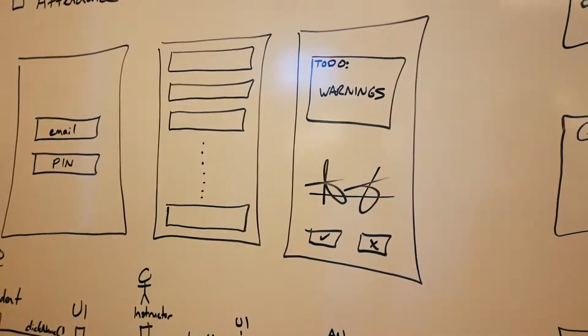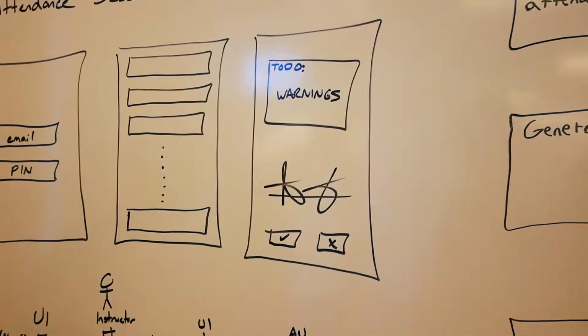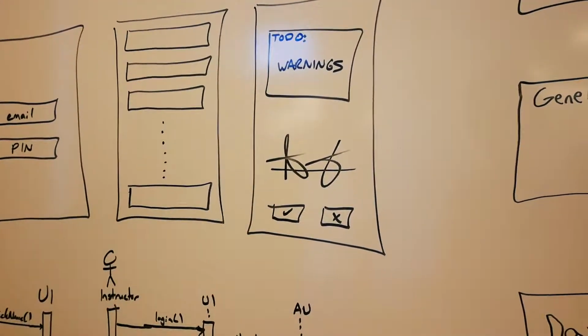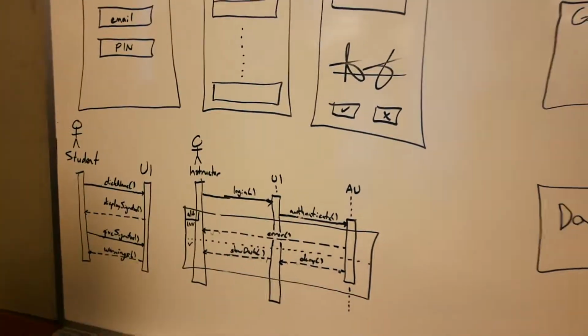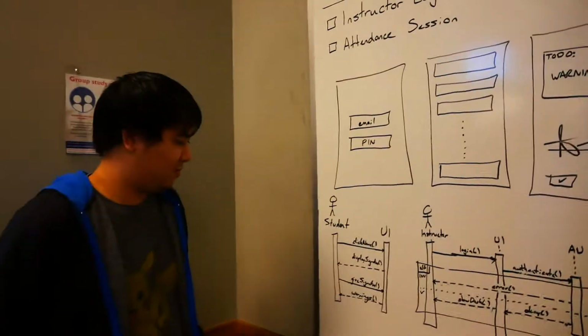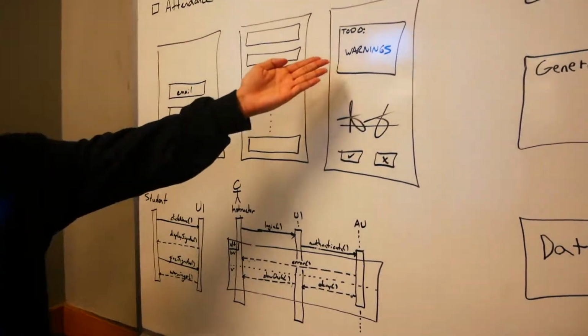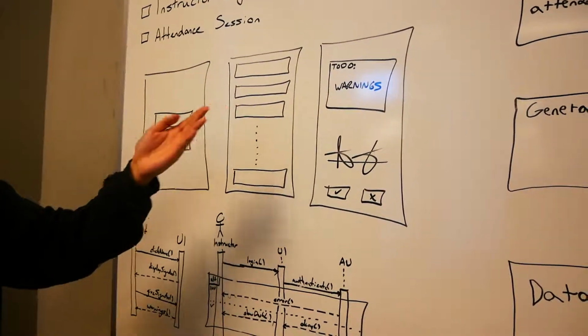If you want to clear, there would be a clear button around here. And then you would click here to be done. And any warnings would show here, which is to do for now.